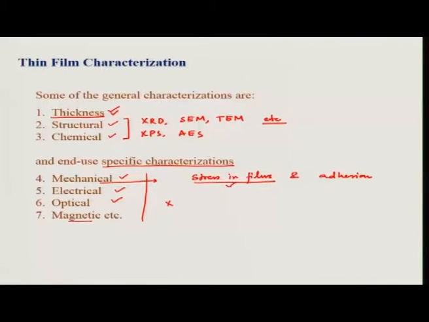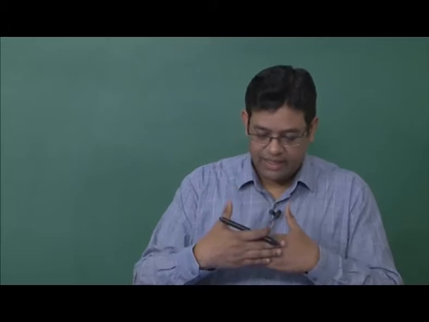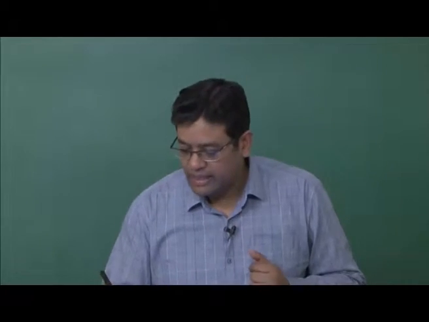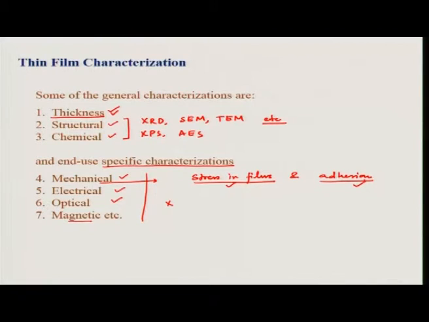We will also discuss an important parameter, how well the thin film is adhering to your substrate. This is an important property for thin films, right? A thin film should not start to peel off. So we will discuss thickness of the thin film, stresses in the film, and their adhesion to the substrate. These three characterizations we will discuss in this lecture.